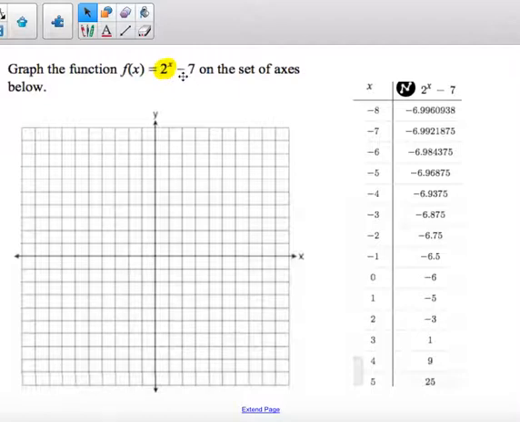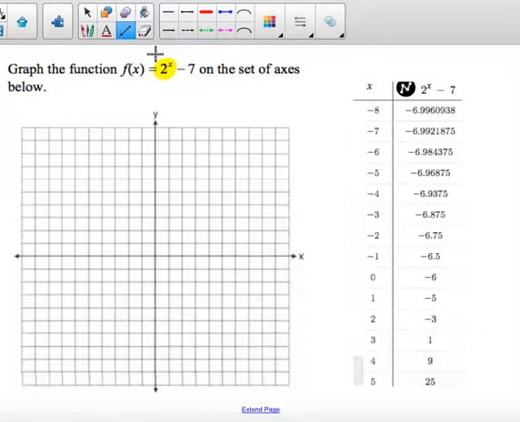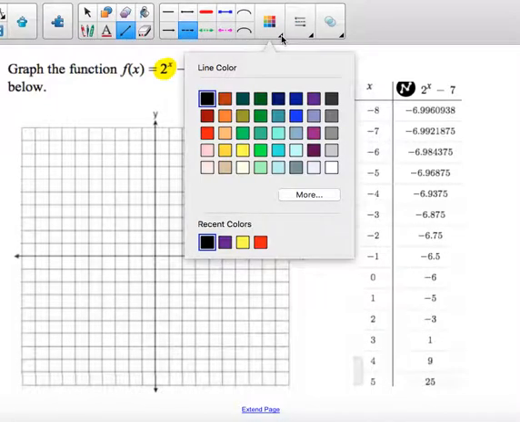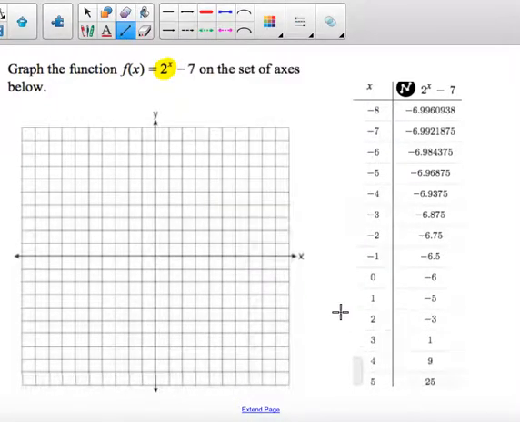But we're then subtracting 7. So as we get very, very close to 0 and then do minus 7, well, 0 minus 7 is negative 7. So we're getting very, very close to negative 7. So we're going to have an asymptote at y equals negative 7. And we can sort of see that happening in the table here.